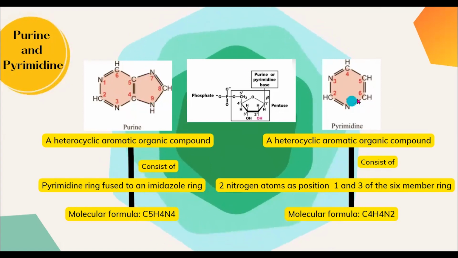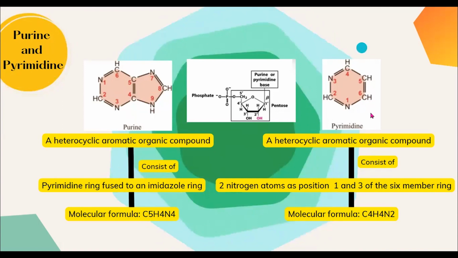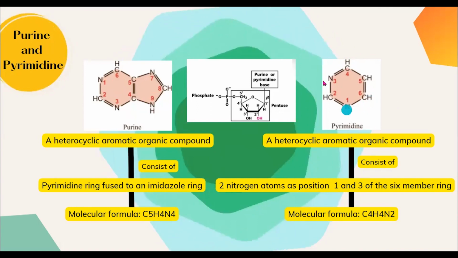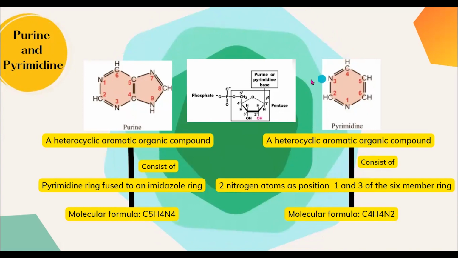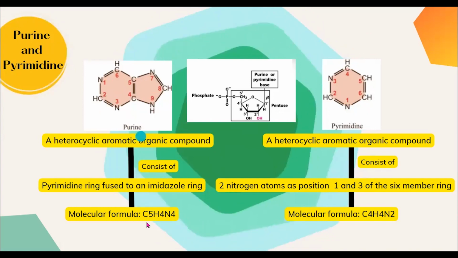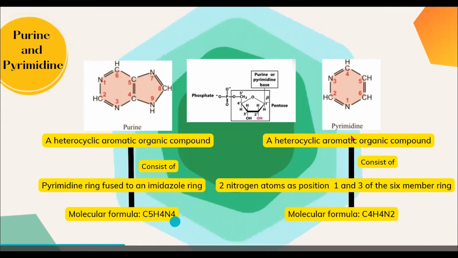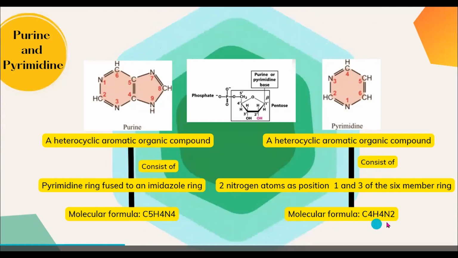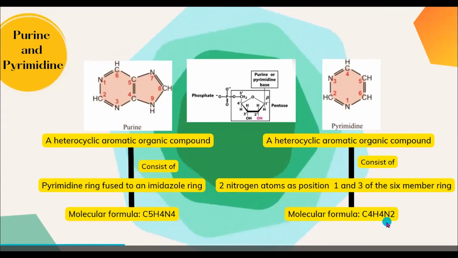Pyrimidine is only a single ring, with two nitrogens at positions 1 and 3. The molecular formula for purine is C5H4N4, whereas for pyrimidine it is C4H4N2.